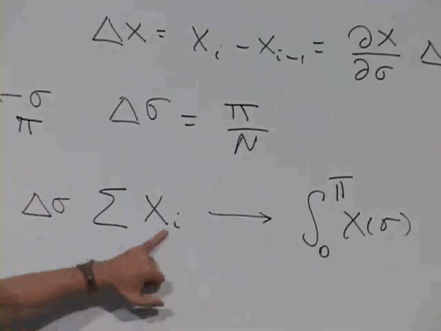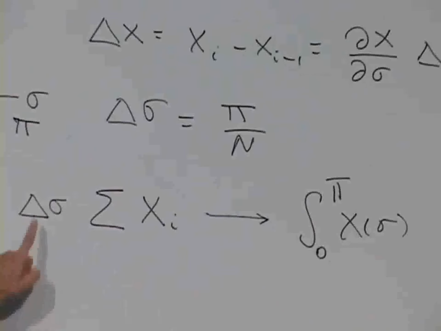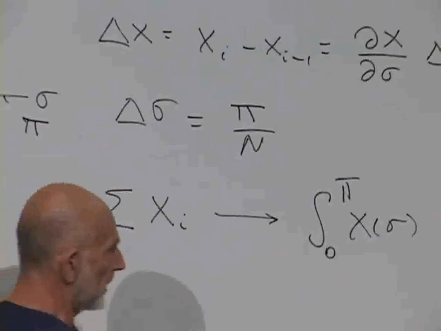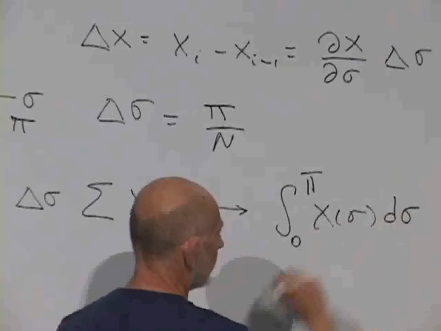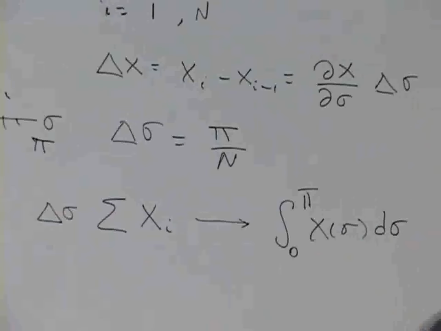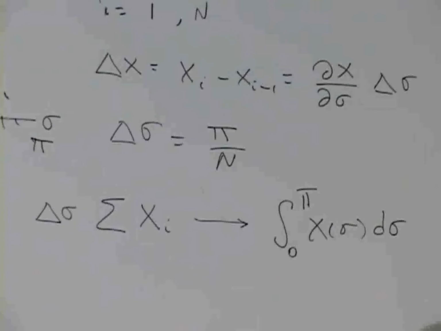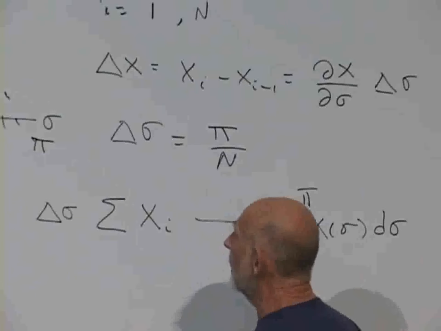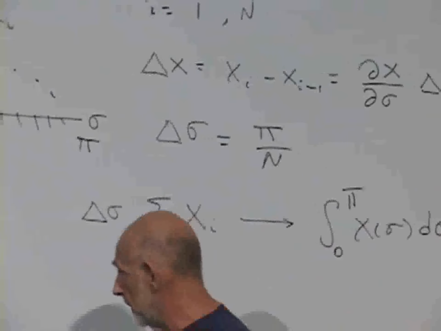We simply replace x of I by x of sigma, and delta sigma becomes d sigma. Basically, it's the definition of an integral, but I want to have these equations on the blackboard because we'll use them several times. Okay, that's the first mathematical preliminary.